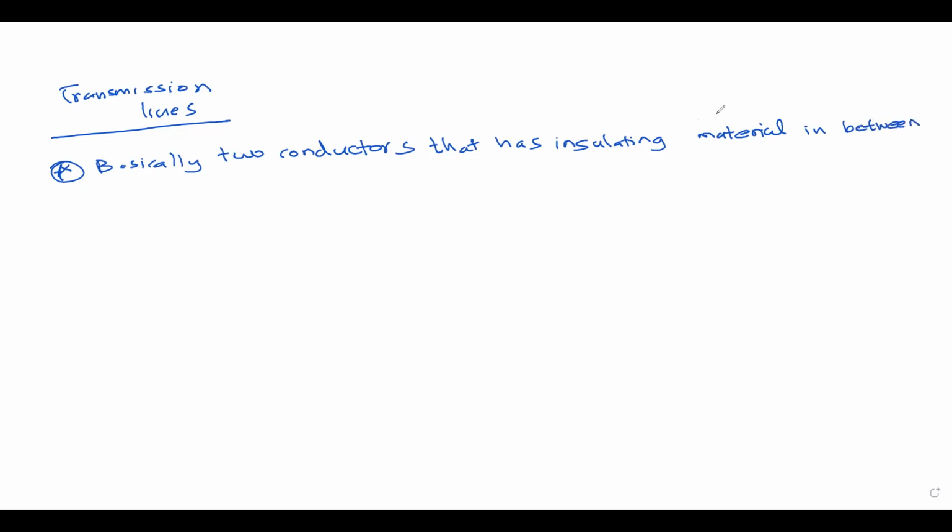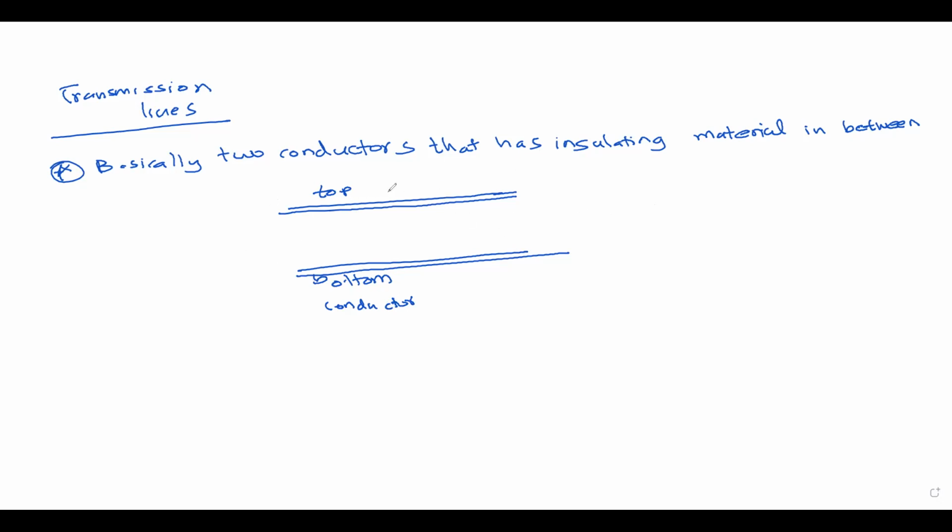If you can't read this, let me know. So insulating material in between. There are two conductors, the top conductor and the bottom conductor. Most of the time, the top conductor is used as the live plane and the bottom conductor is used as the ground plane.